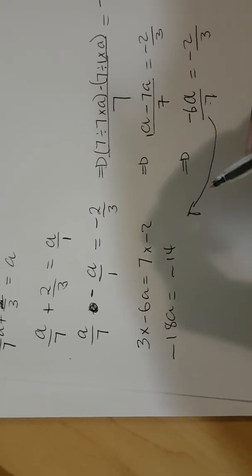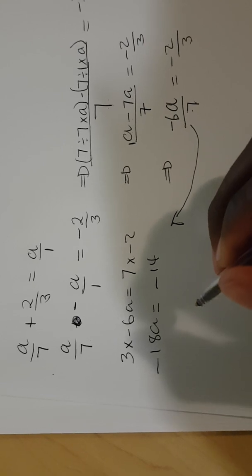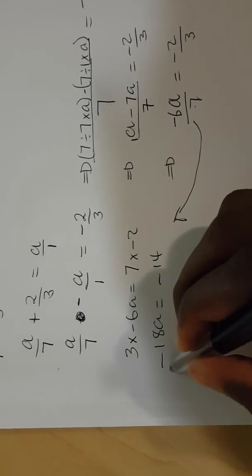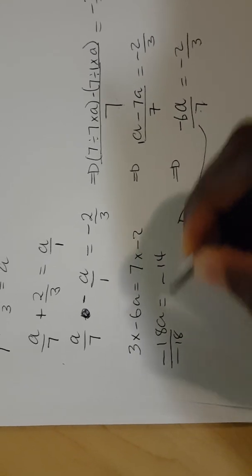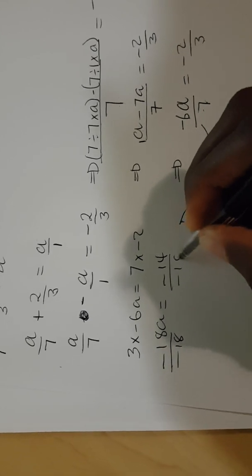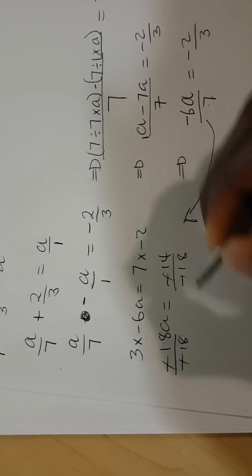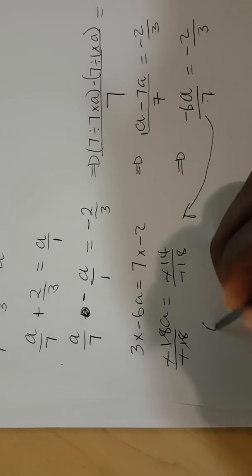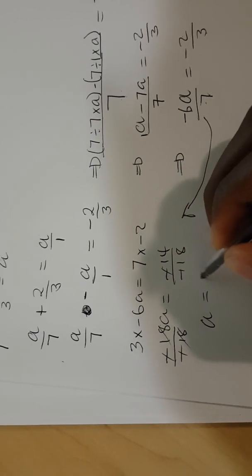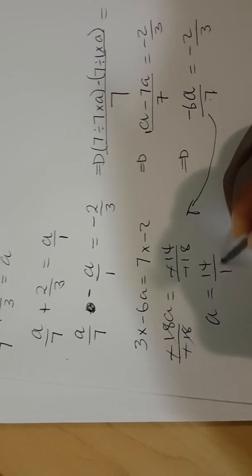So now we are solving for a. We have to divide both sides using negative 18. Okay, we divide both sides using negative 18. So negative and negative cancel, 18 and 18 cancel. So a is equals to 14 over 18.